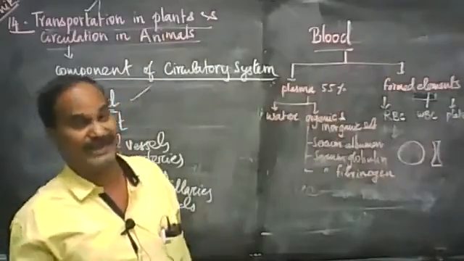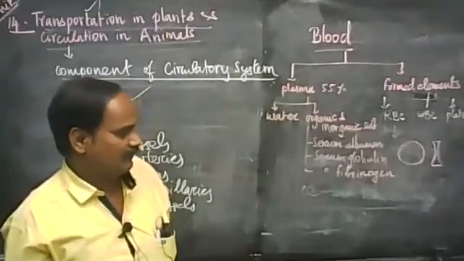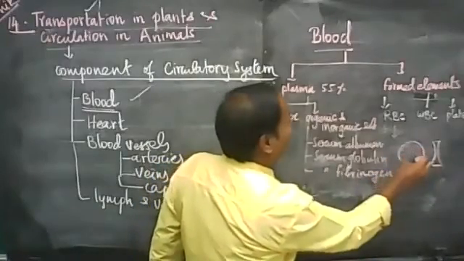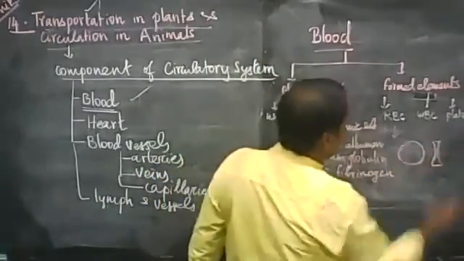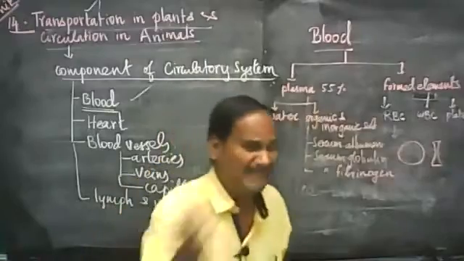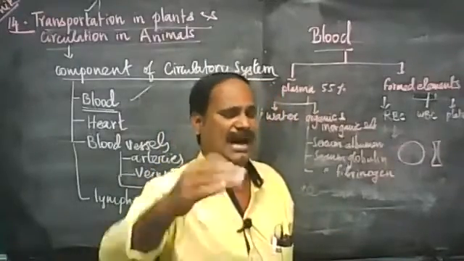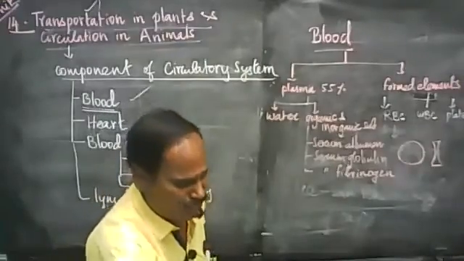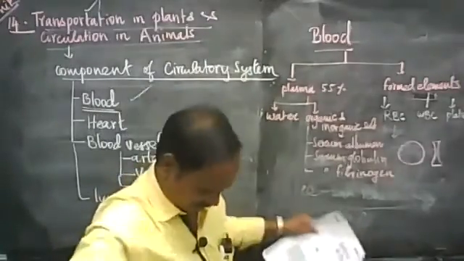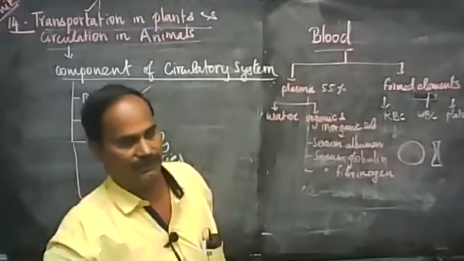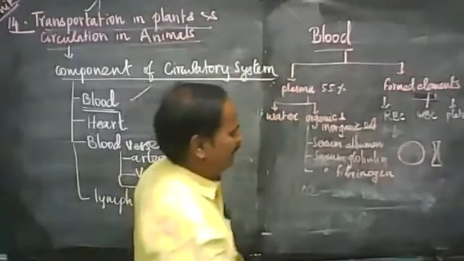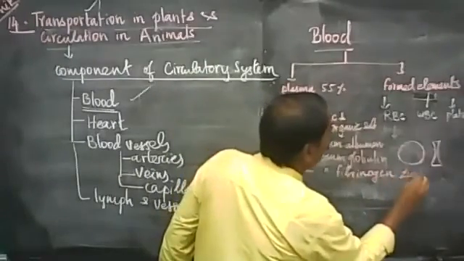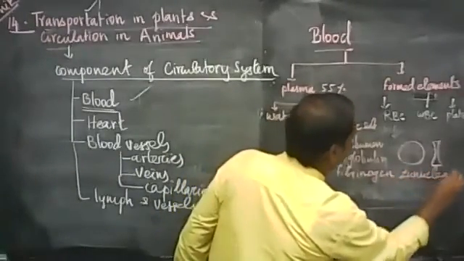The RBCs of mammals, particularly human beings, do not contain a nucleus. Nucleus is absent. During the formation, RBC contains a nucleus. When RBC matures, the nucleus is lost, degenerated. That is why our RBCs are denoted as enucleated RBC.